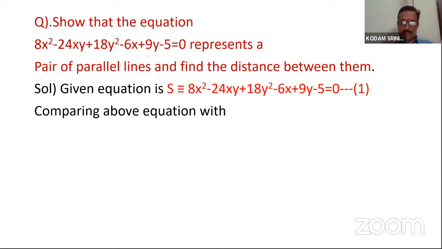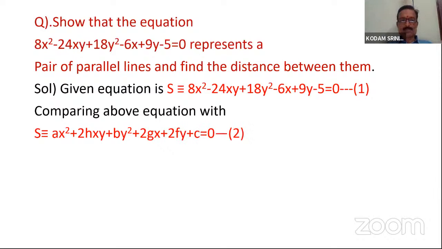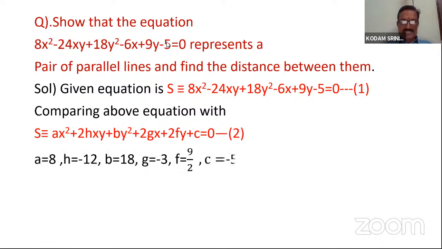Comparing the above equation with S equals ax square plus 2hxy plus by square plus 2gx plus 2fy plus c equal to 0, by comparing the coefficients of like terms, the coefficient of x square is 8, that is a equals 8.